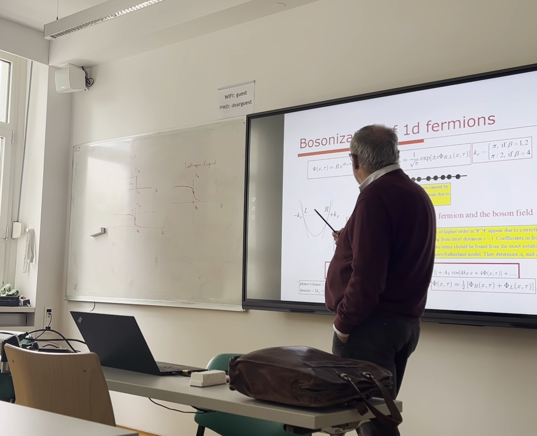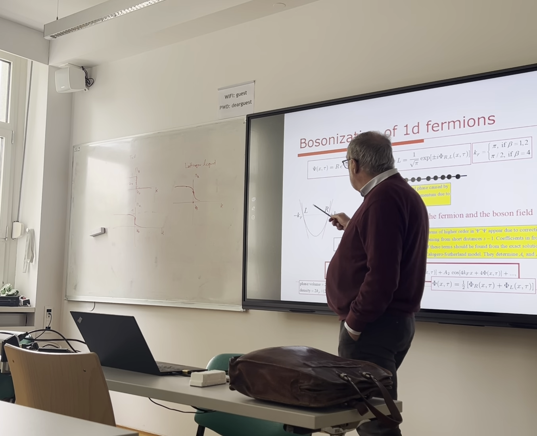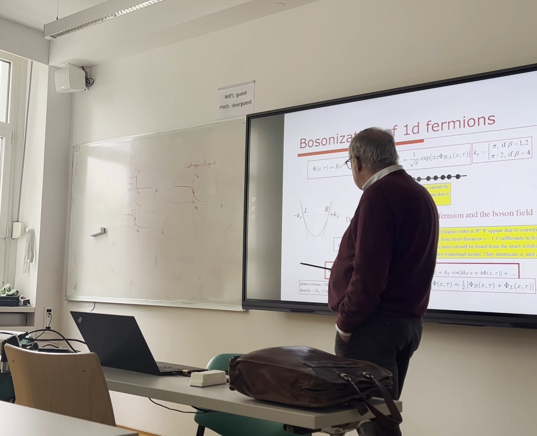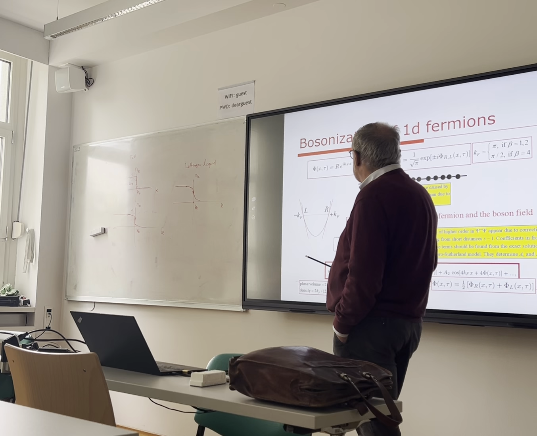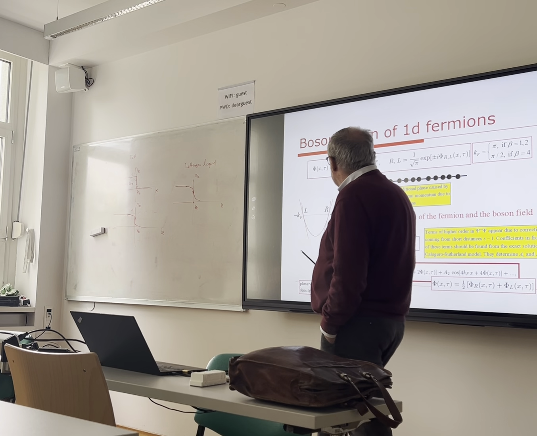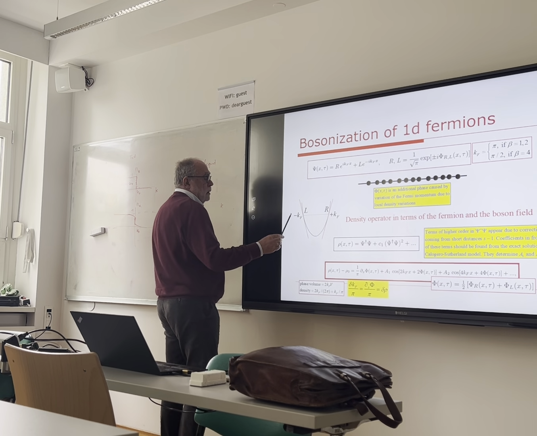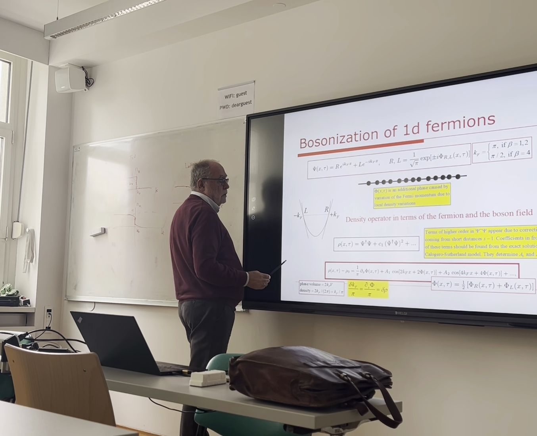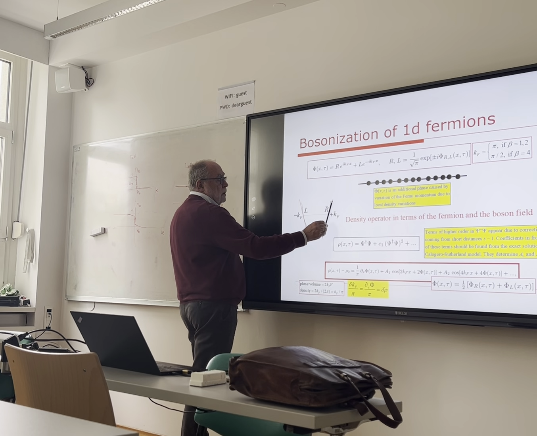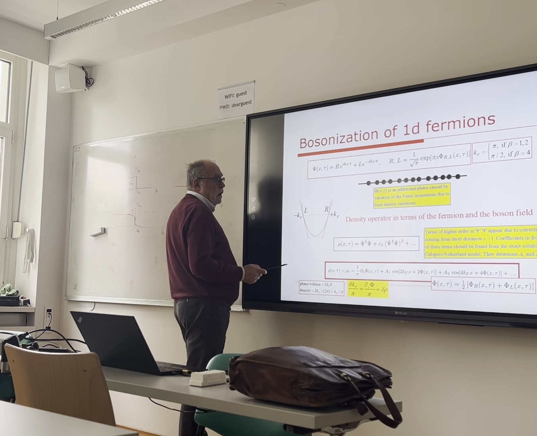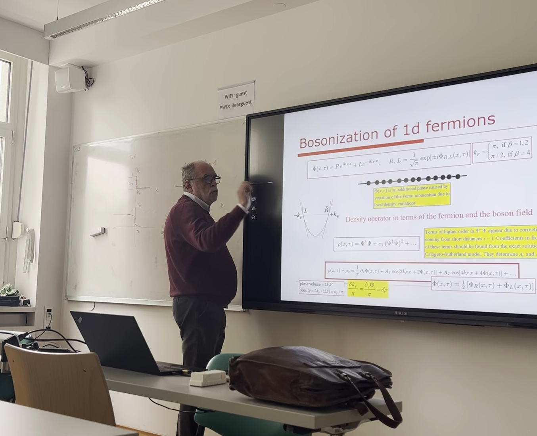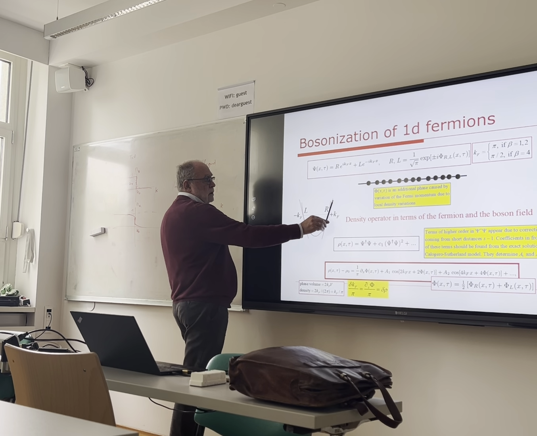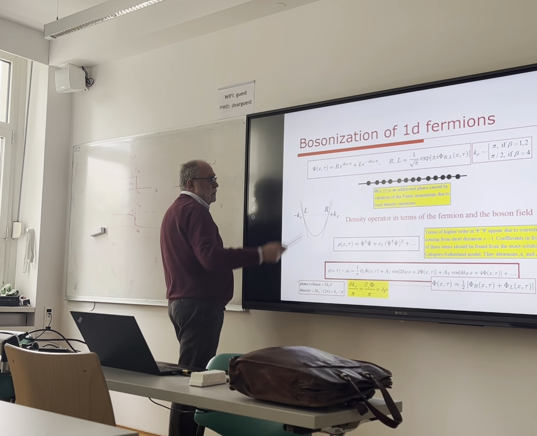In order to take into account both processes, people say, let's consider 2 species of fermions. One with momentum close to plus k Fermi, and we call these right movers, because the velocity is positive.